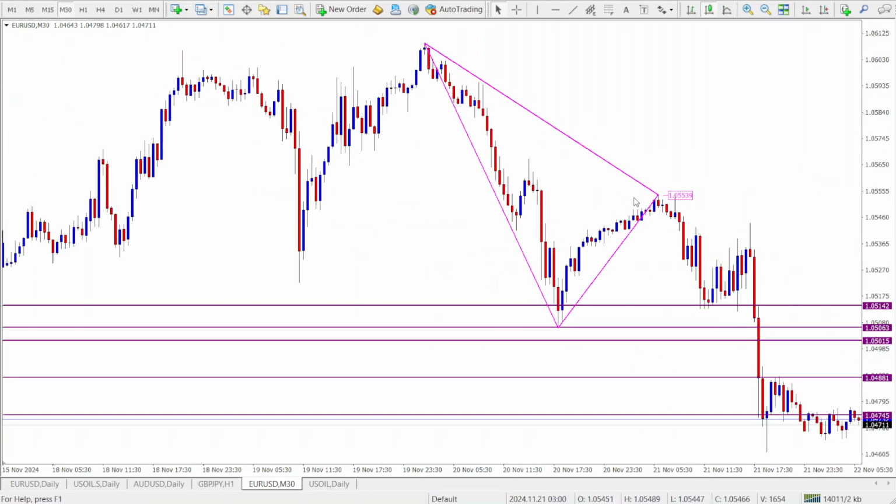So we can see that the price was moving within the triangle, and finally it broke out and it retested the newly formed resistance, and we had a continuation. So right after the retest and the formation of a bearish candlestick pattern, we could have considered entering a sell, setting stop loss above the swing high, and taking our profit at the nearest support.